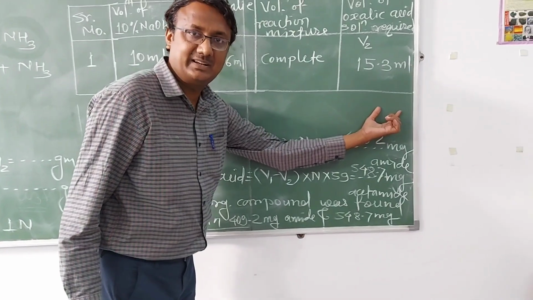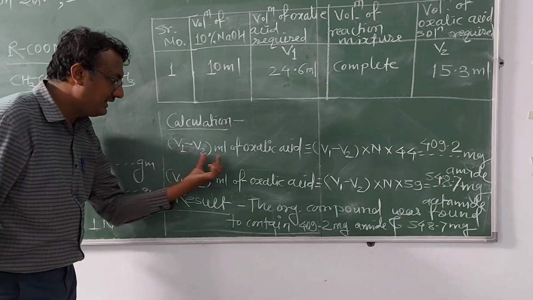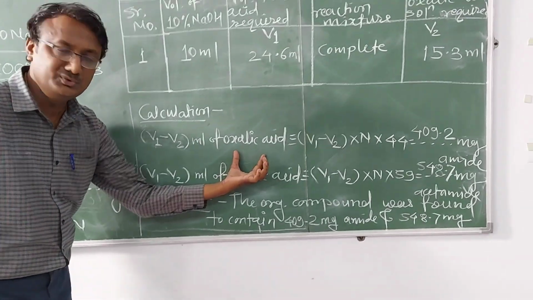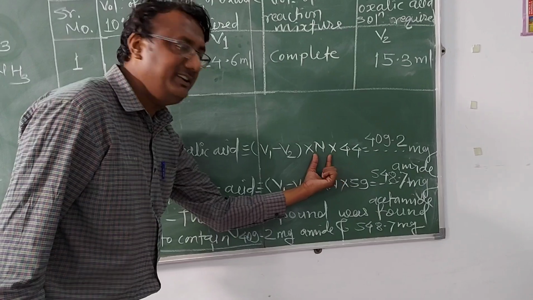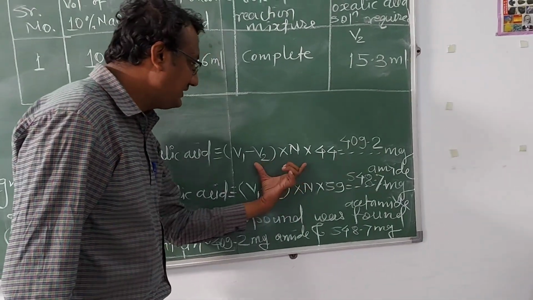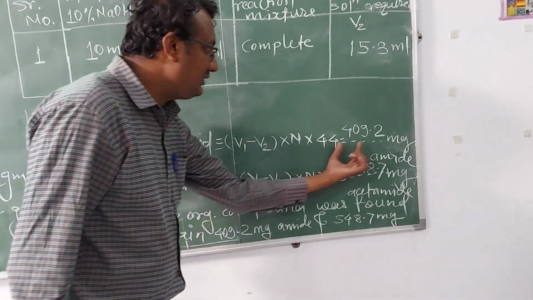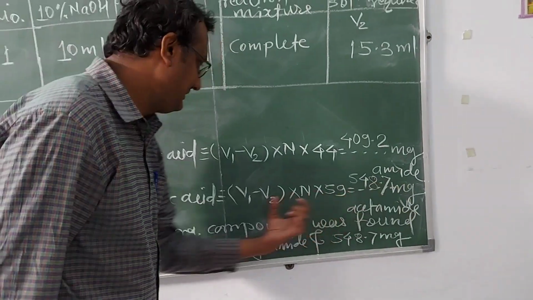So V1 minus V2 ml of oxalic acid consumed is equivalent to V1 minus V2 into the normality of oxalic acid, that is 1 normal, into 44. After this calculation, we get 409.2 milligram of amide.